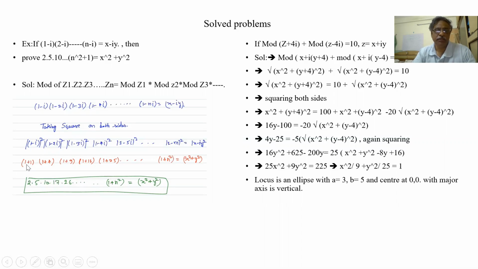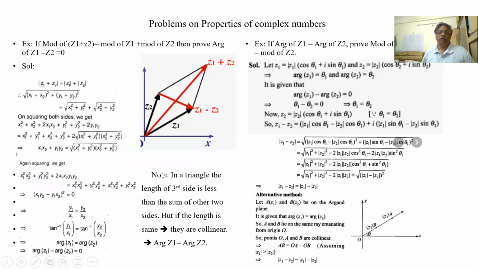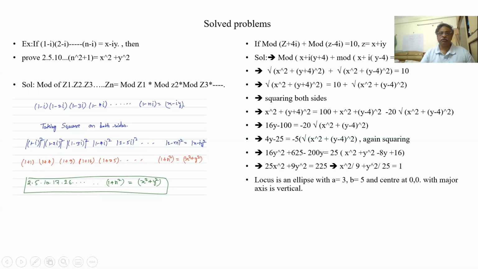If n is 1, I am getting 2. If n is 2, 2 square plus 1, 3 square plus 1, 4 square plus 1, 5 square plus 1, like that up to n square plus 1, is equal to x square plus y square. Here what is it that we have used? We have used the formula mod of z1 z2 is equal to mod of z1 into mod of z2. This is the formula we have used.